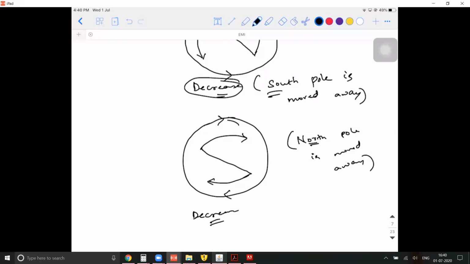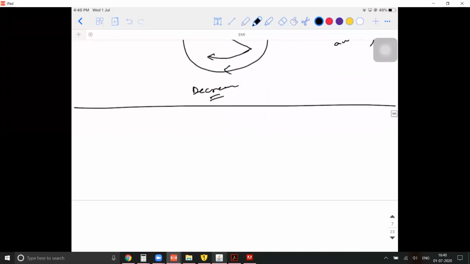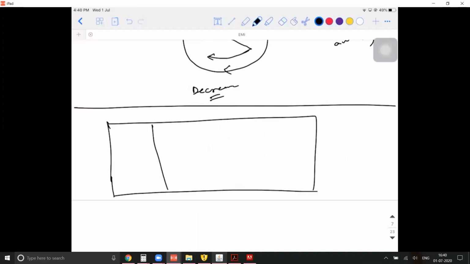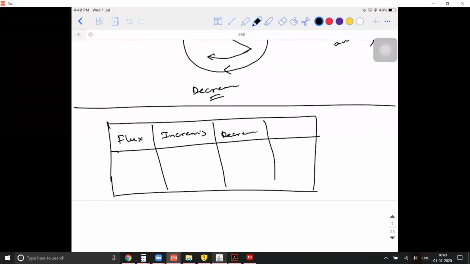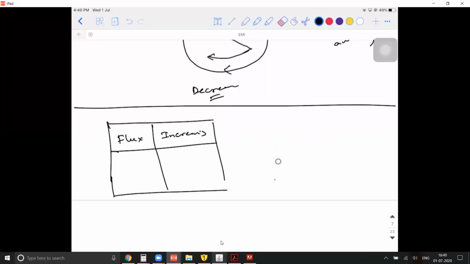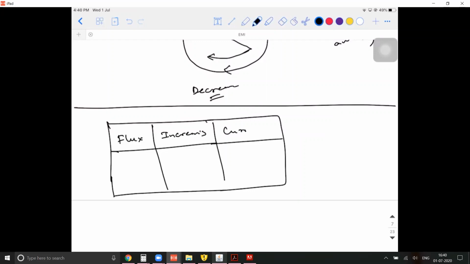Okay. So with this, can we frame a theory? Can we prepare a table so that you need not memorize it? Flux increasing. Current in the coil.